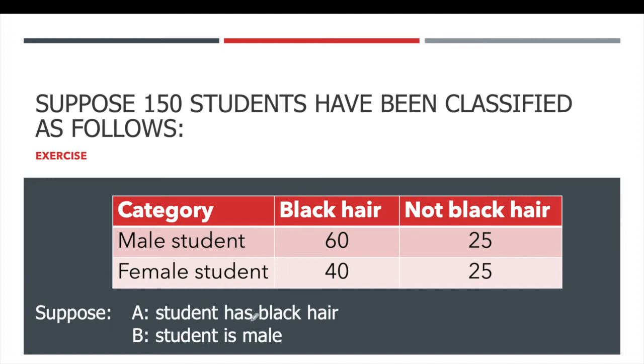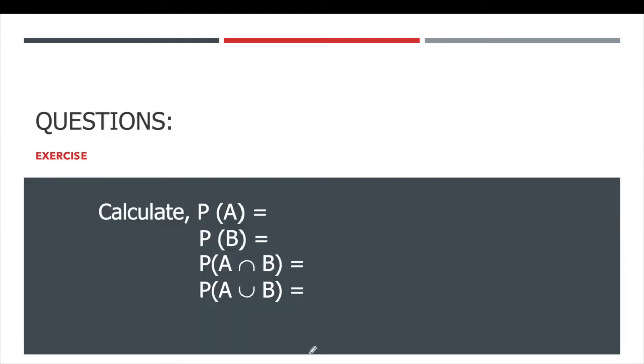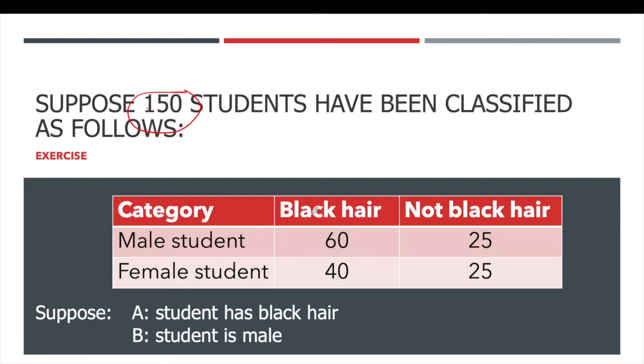A is the student has black hair. The total should be 150, so we put 150. The students with the black hair, how many? 100, right?